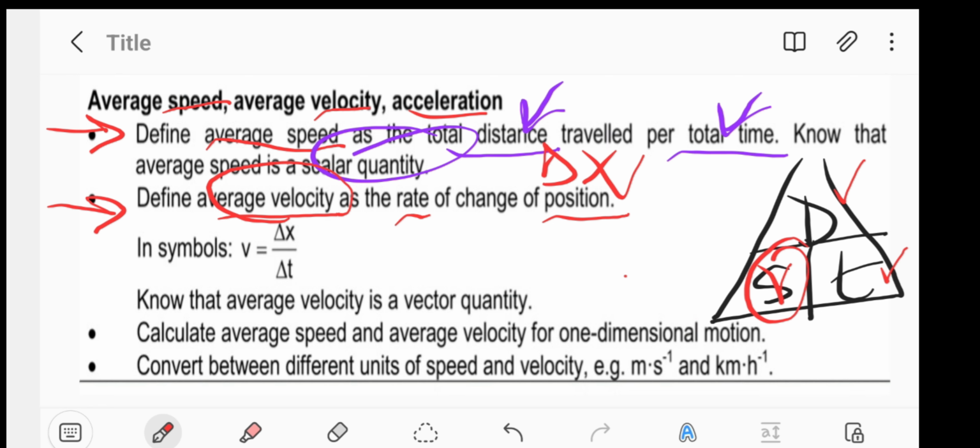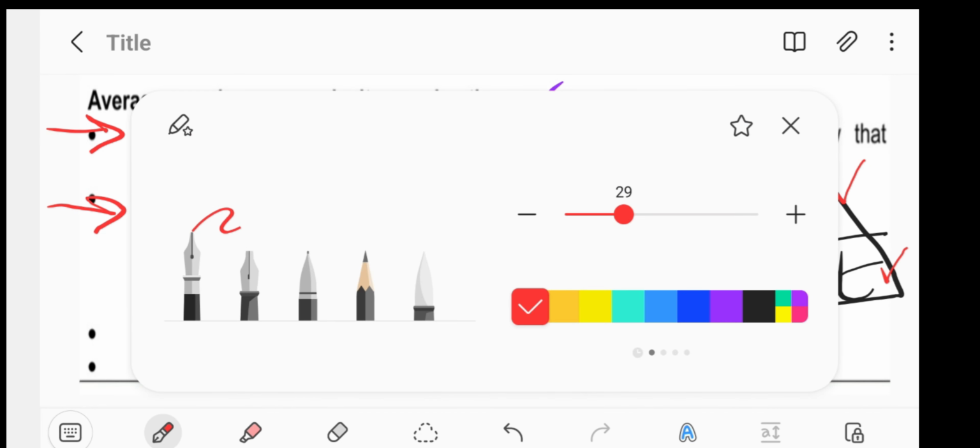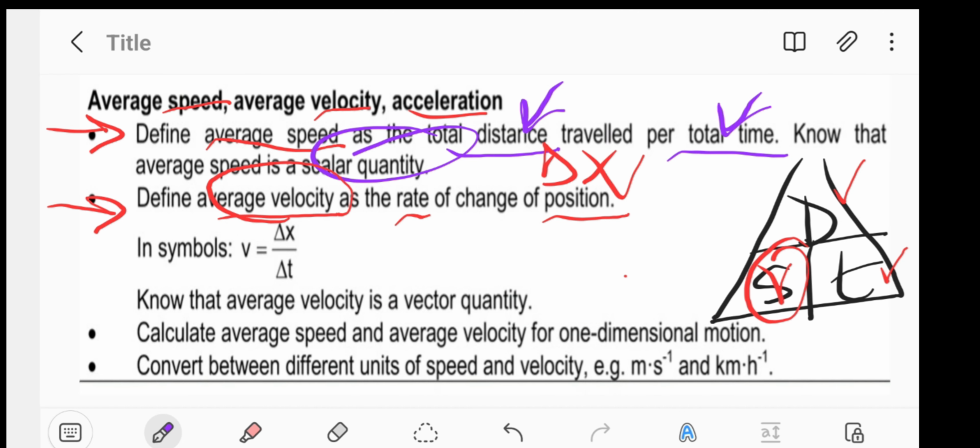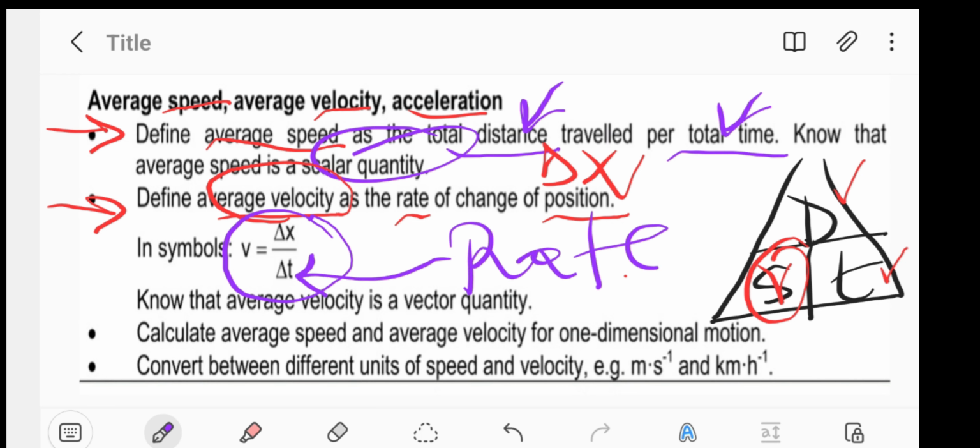Position and displacement are synonymous. They give us an equation to say average velocity is the change in position per unit time. Every time we hear the word rate, we know that in the denominator we will have time.